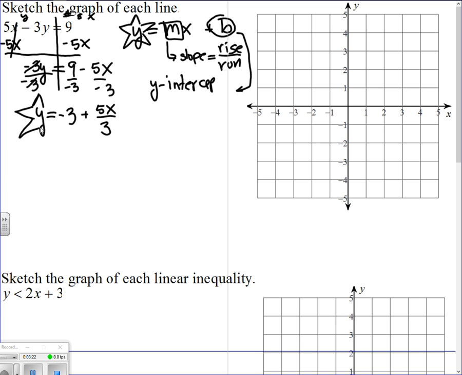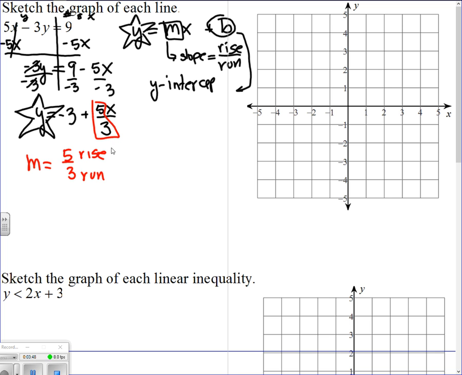Now let me find the m. The m is the number that's right next to the x. So in this case, my m will be 5/3. So my m is 5 divided by 3. And remember, this is the rise, and this is the run.